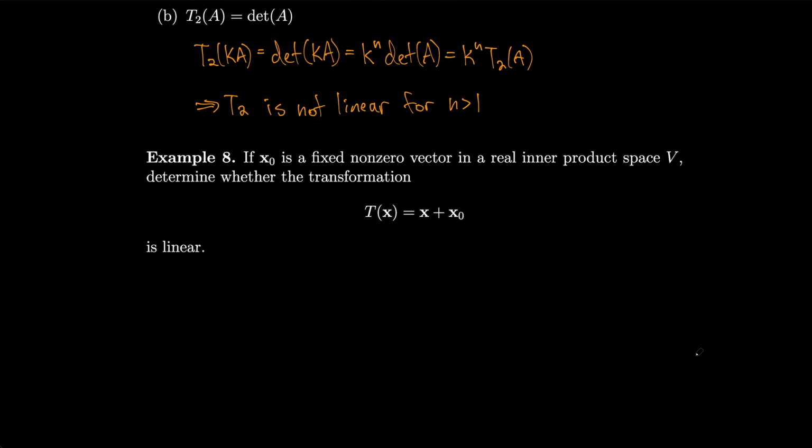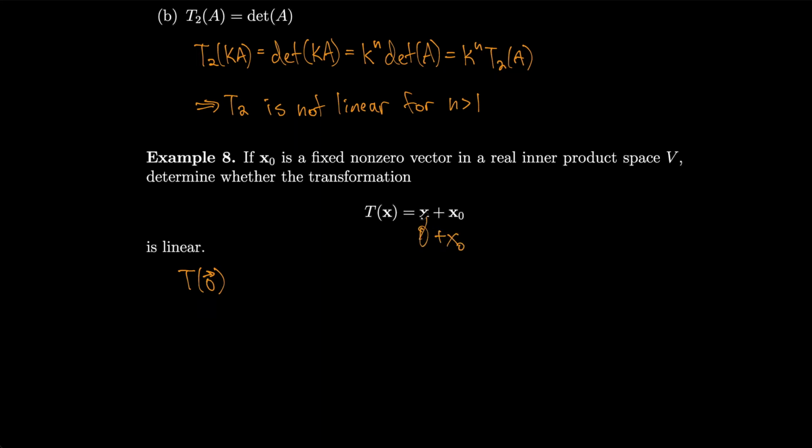If x0 is a fixed non-zero vector in a real inner product space V, let's determine whether the transformation T of x equals x plus x0 is linear. Well, what if we looked at T of 0? T of 0 would be 0 plus x0, right?